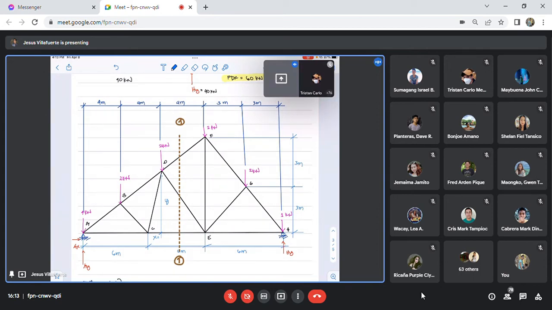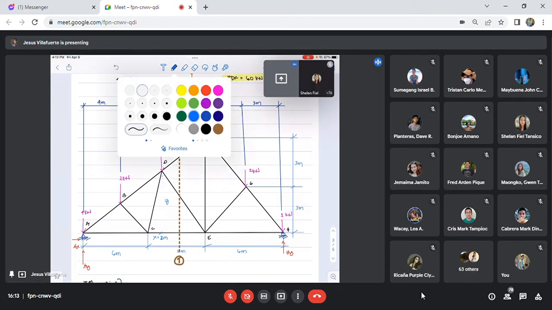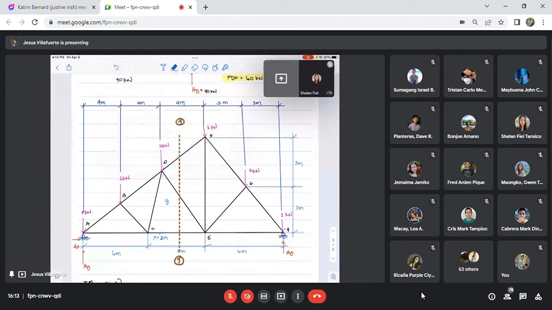The total length from A to B is 4 plus B to D is 4. So the total length is 8. But for A to C this is just 6. So therefore this is 2, para ma-total siya 8. Tama? Na-follow ra?